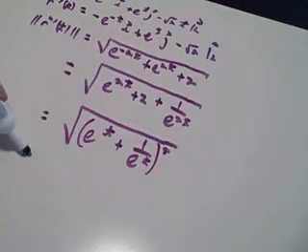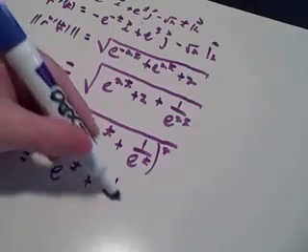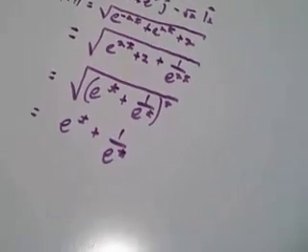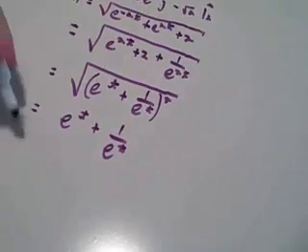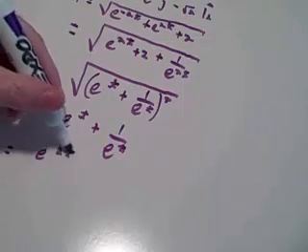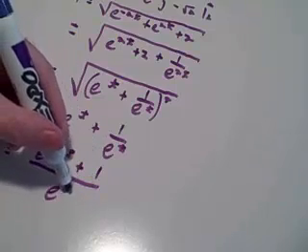If you take the square root of that, you just have e to the t plus 1 over e to the t. Combine these together, and you get e to the 2t plus 1 divided by e to the t.